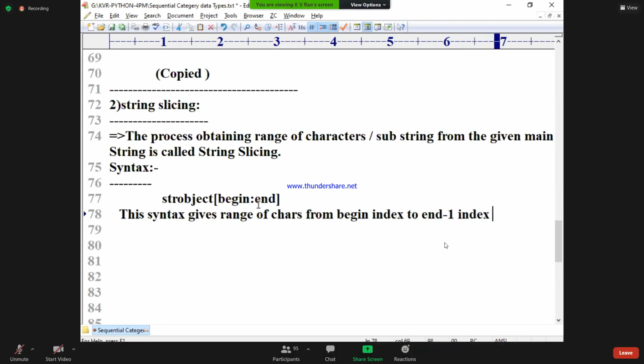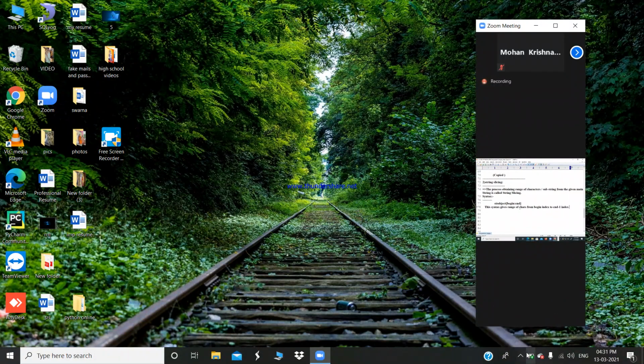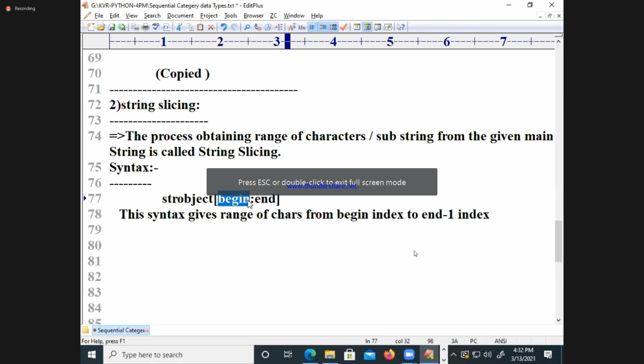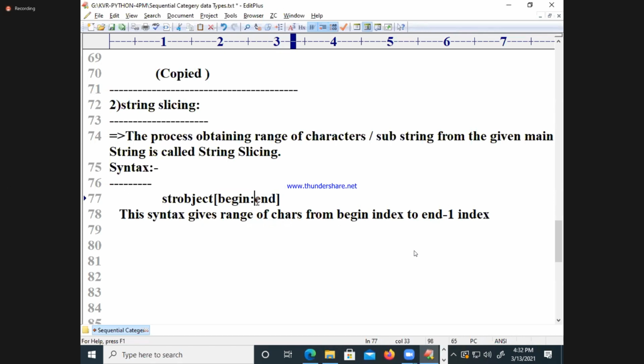Begin value inclusive or exclusive? Inclusive. End is exclusive. So begin is inclusive, end is exclusive. Whenever such a type of begin and end is coming, always think through the entire Python course, begin to end minus 1.